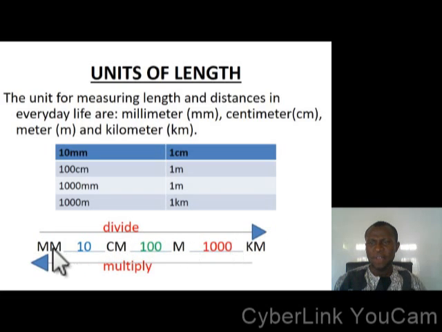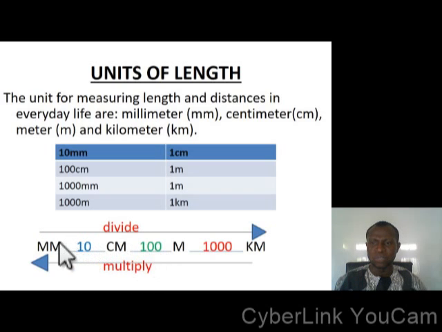Then again, if you are converting from millimeter to meters, you can see you jumped one unit. Look at what you do here. You have two numbers in between millimeter and meters. You have 10 and 100 in between them. So what you do is that you combine the two of them by multiplication. That's 10 times 100, which will give us what? 1000.